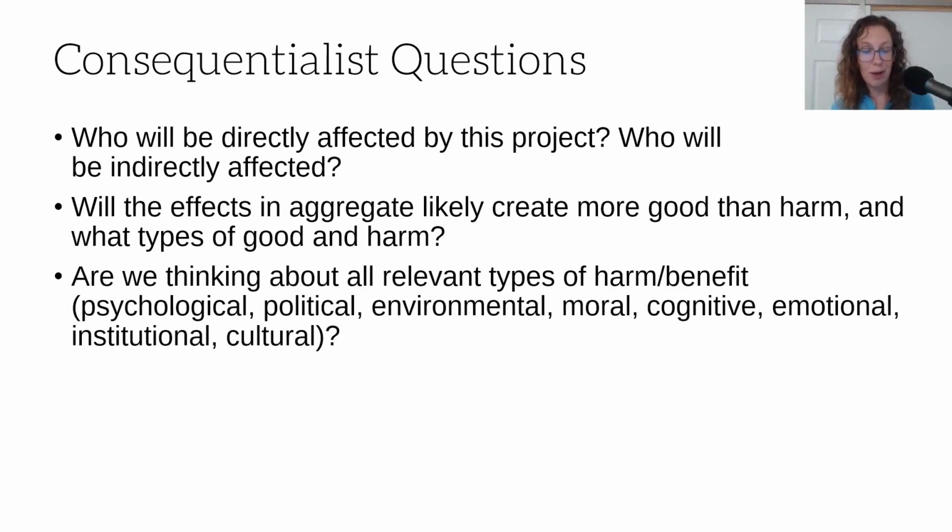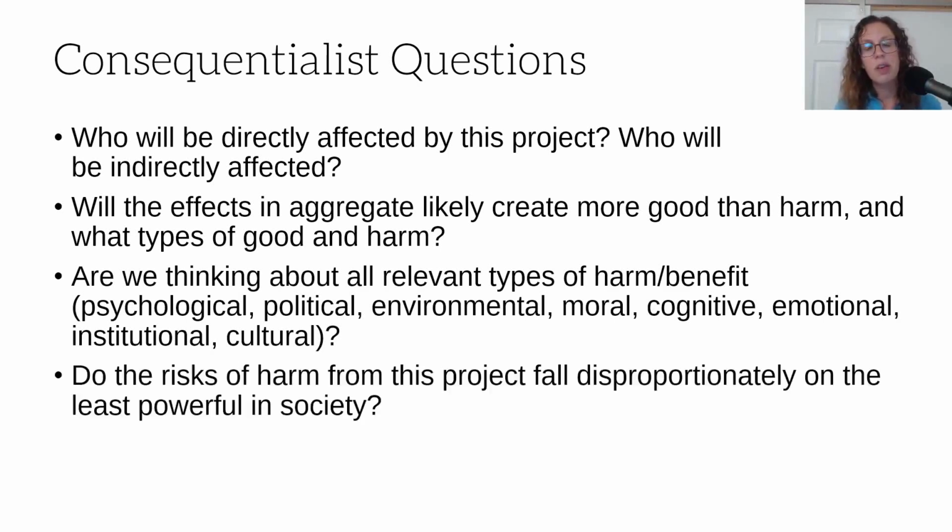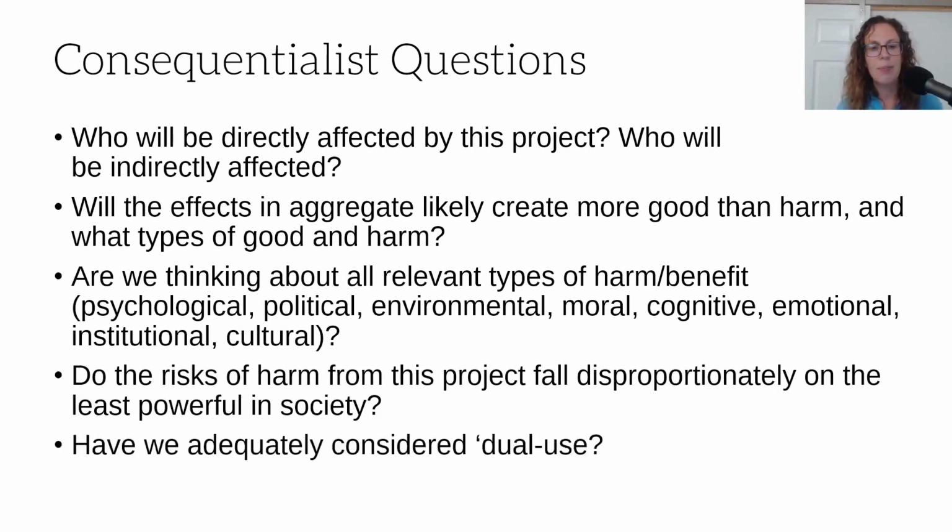Also looking at long-term benefits and harms. And then who experiences them? Is this something where the risk of the harm is going to fall disproportionately on the least powerful? Who's going to be the ones to accrue the benefits? Have you considered dual use? And so these are again questions you could use when trying to evaluate a project. And the recommendation of the Markkula Center is that this is a great activity to be doing as a team and as a group.